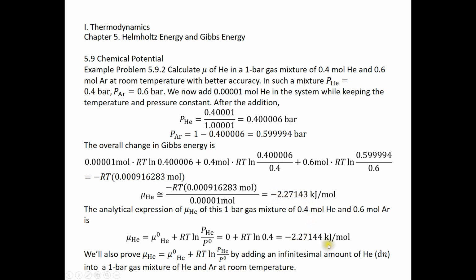Compared to this analytical expression, well, they differ by, I think, less than 0.001%. Again, if we do this numerical calculation by adding a smaller amount of helium, we get more accurate numerical result. So both numerical calculations agree with this analytical expression.